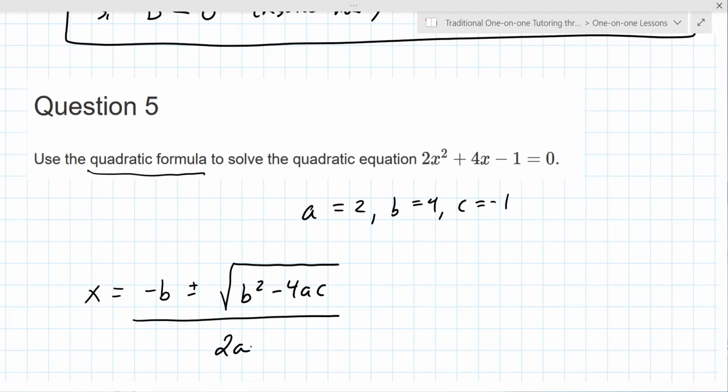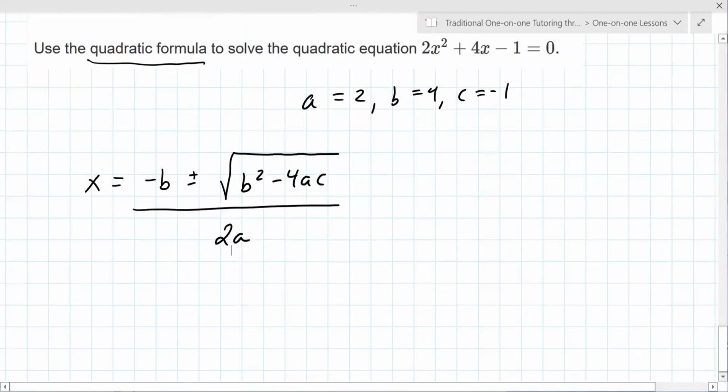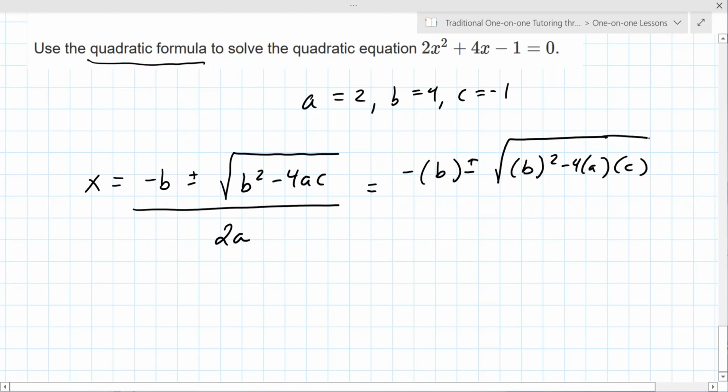Okay. So the part we've been doing is over here in the discriminant under the square root. So some students like to do that part first, but I would like you to substitute all the numbers. And again, the formula really should be written like this, where everything is in parentheses, because you really do want to substitute in parentheses like that.